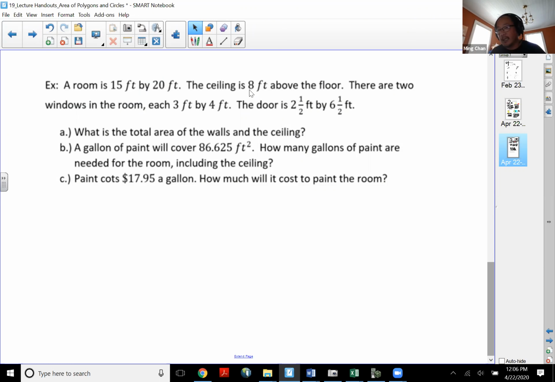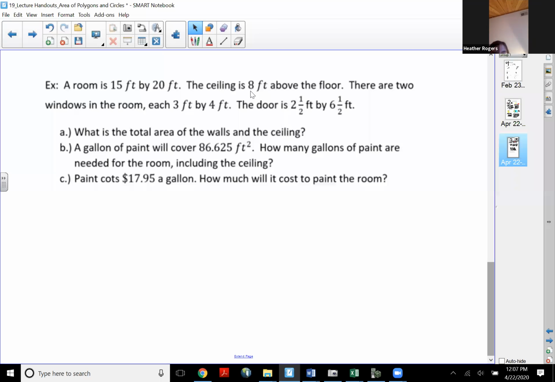The ceiling is 8 feet above the floor. What does that mean? What will happen if the wall doesn't touch the ceiling? Does your drywall touch the ceiling? Kind of, right?